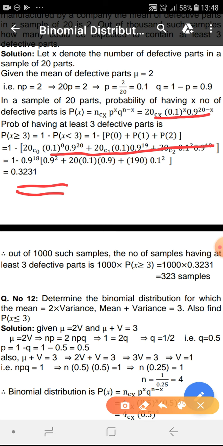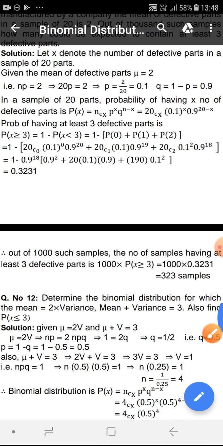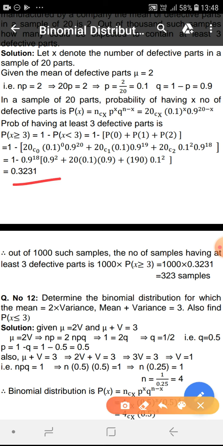For all these calculations, you can use the calculator. So in a sample of 20 parts, the probability that there will be at least 3 defective parts is 0.3231.